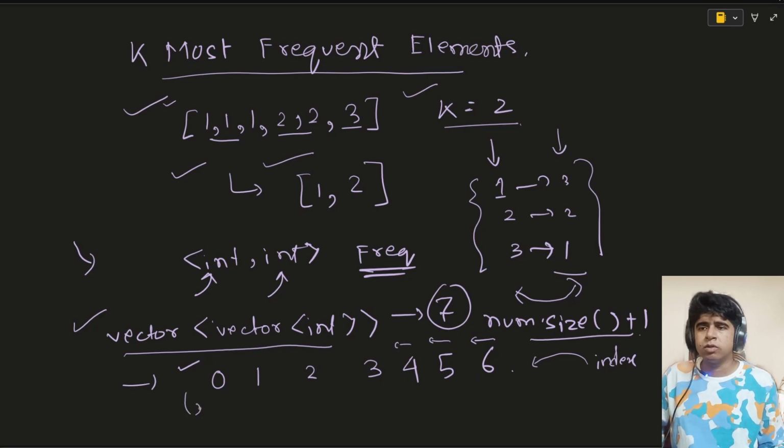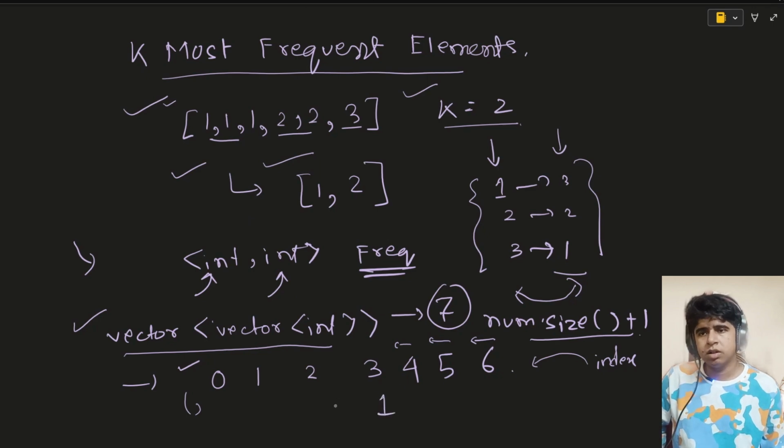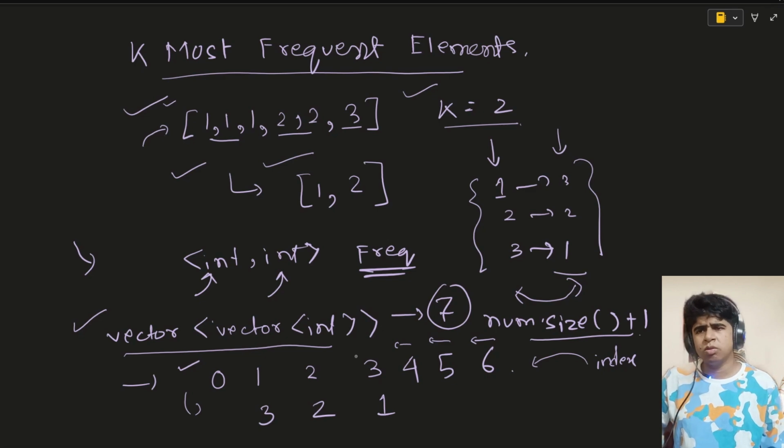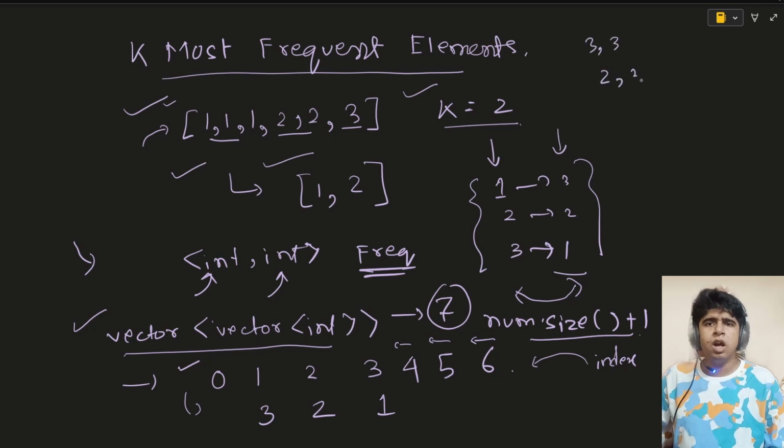So what will the values be? These are the indices, and in each index, what can be the values? For instance, 1 is appearing 3 times, 2 is appearing 2 times, and 3 is appearing 1 time. The values will be the respective values from the input array. So I mean a 2D vector. Why do I say 2D? You can just use 1D, but there may be a case where 3 appears 2 times, and also 2 appears 2 times, and there you can't store both.